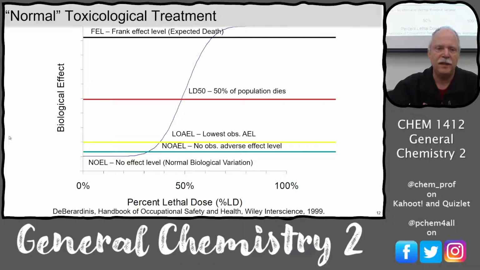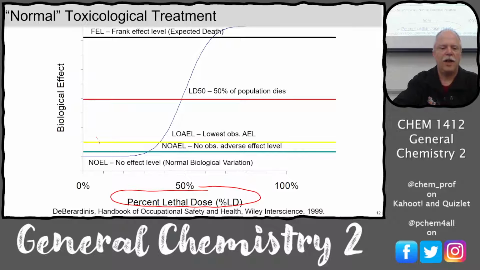this is that curve that shows the LD50. So if you took a bunch of people or animals, mice, whatever, and you expose them to a particular set of doses, you might have some that, at this dose, nobody dies.